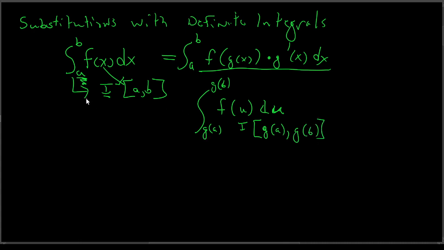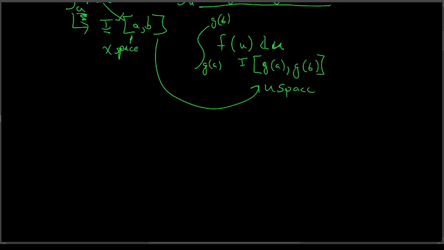So we have to translate the interval from x space over to u space. To do this, we can plug in values, and this will remap all points in the interval for us. So let me scroll down here a bit, and let's look at an example of how we can do this.